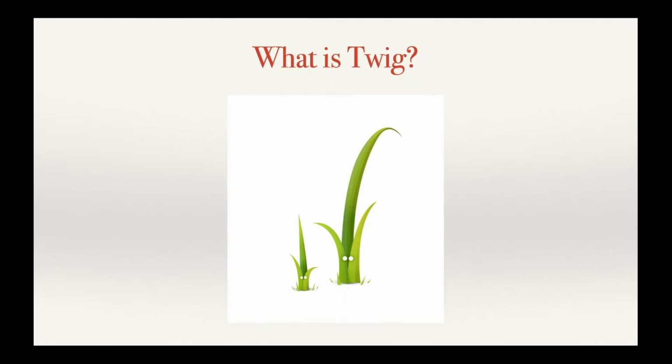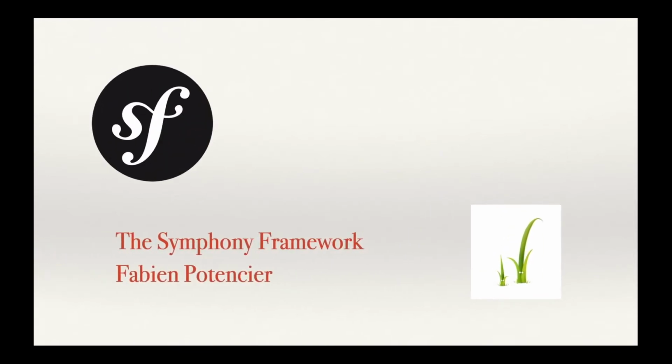Twig is a modern template engine for PHP. It helps us to separate our logic from layout. It was originally created by Armin Ronacher in 2007 to work with Python. It's now maintained by the Symfony project.